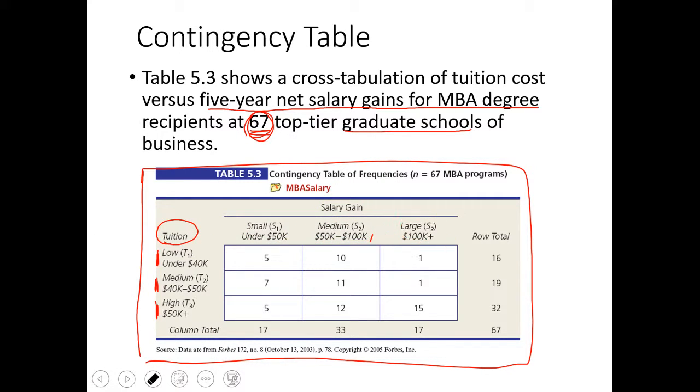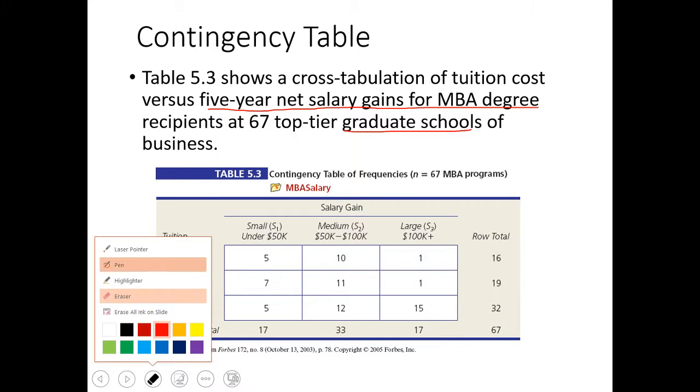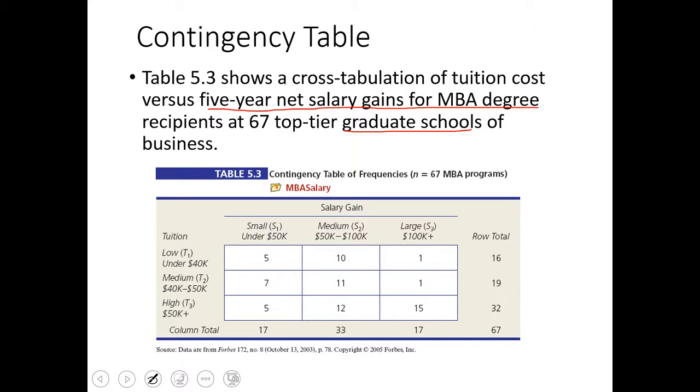So then we would like to see whether there is a relationship between tuition and salary gain. So after this, we make a table based on this investigation, and we find that 16 schools are low tuition, 19 are medium, and 32 are high.